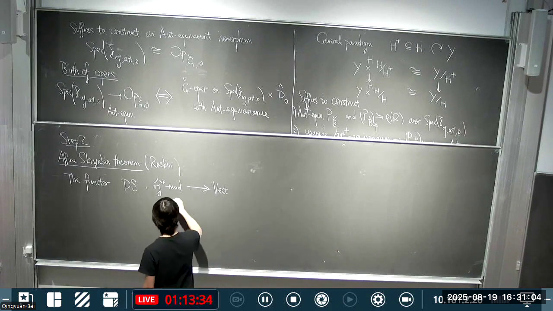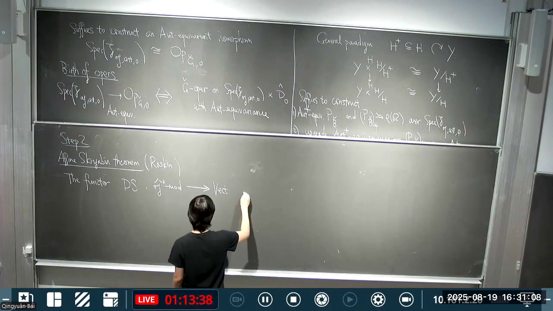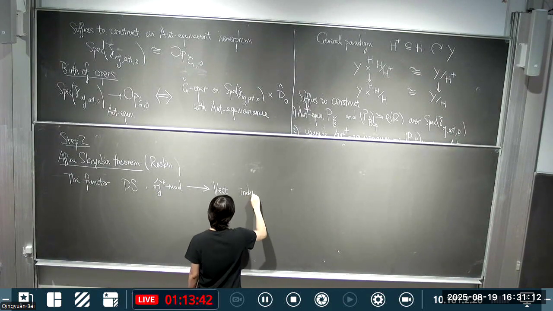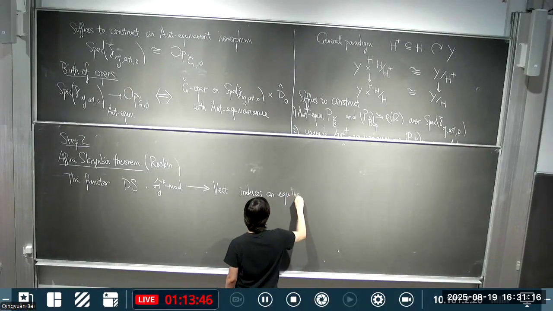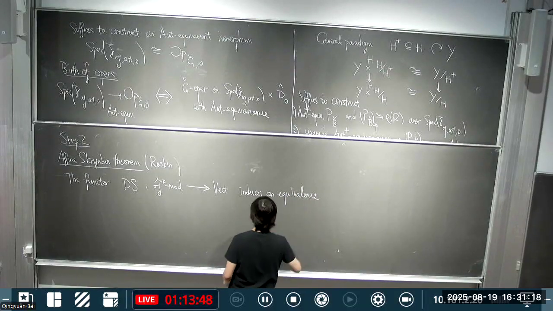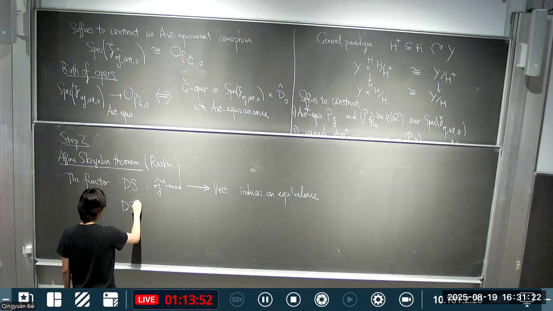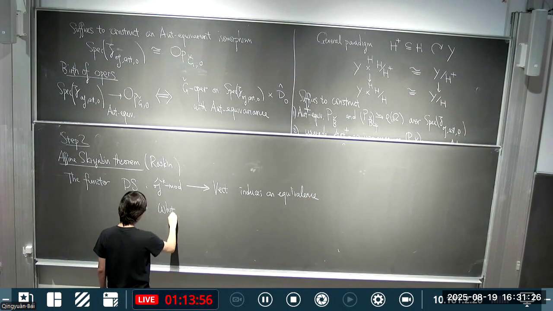All right. So the theorem states that this functor induces an equivalence of factorization categories that we call DS enhanced from the Whittaker coinvariance.